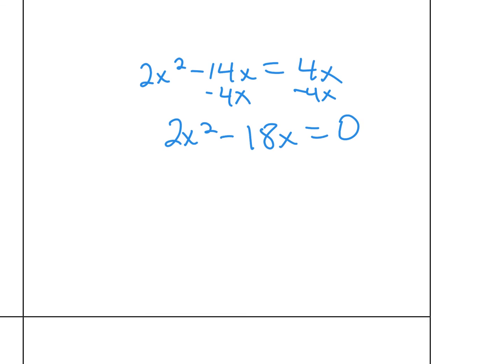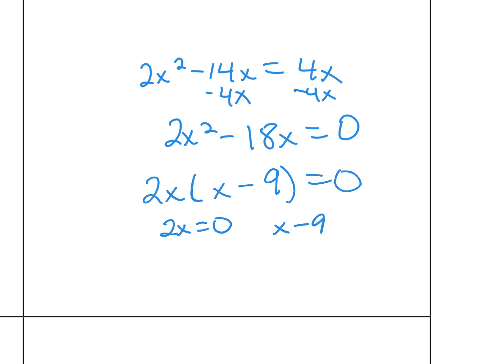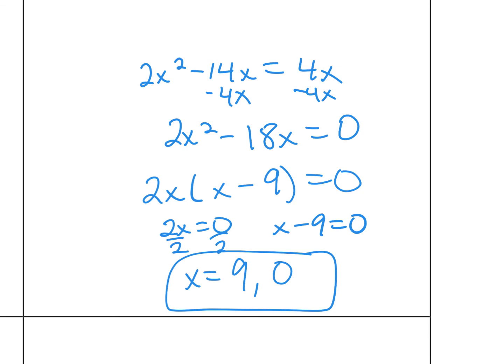Factor. Yeah, this is a GCF one, right? Pull out a 2x. What's left? Okay. Set both factors equal to 0 and solve. x equals 9 and? Nope. What's 0 divided by 2? 0. 9 and 0.